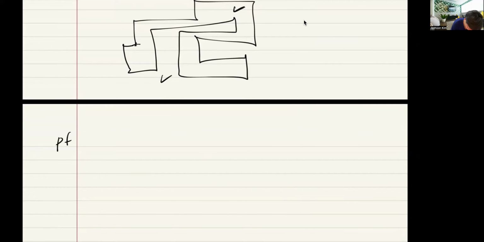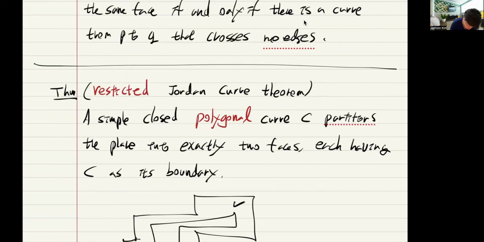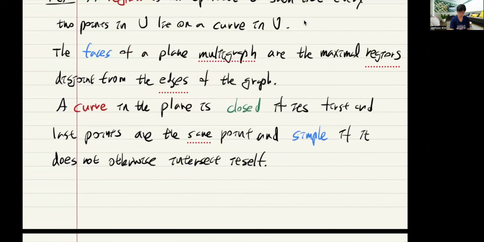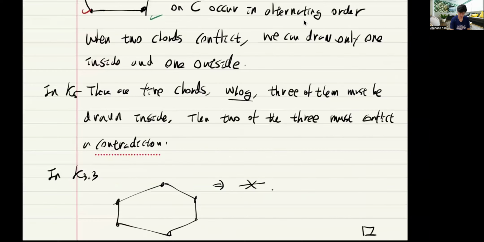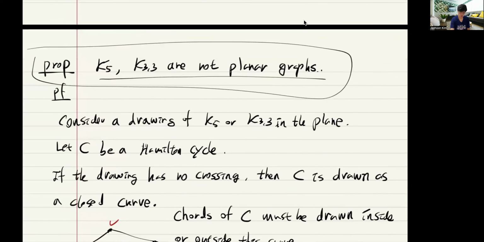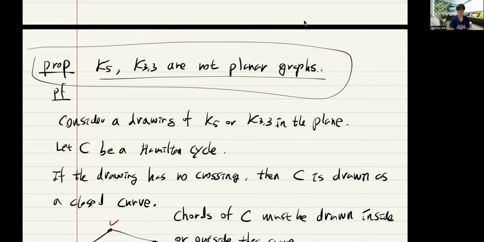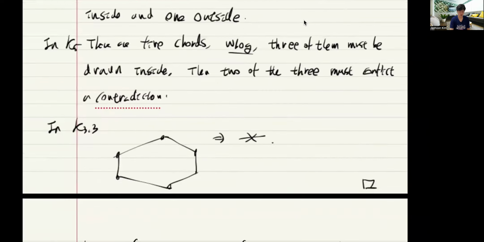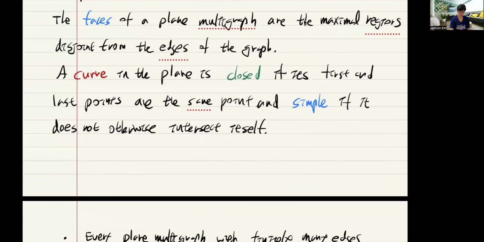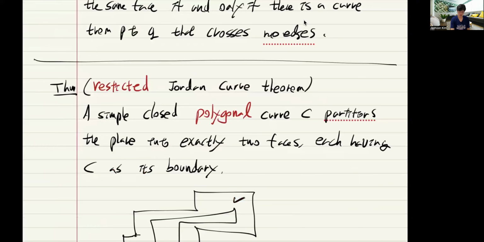So let's prove this restricted Jordan curve theorem. Of course, whenever we talk about embeddings and drawings, the edges are not necessarily polygonal curves. They are more general curves. But knowing the Jordan curve theorem is sufficient.